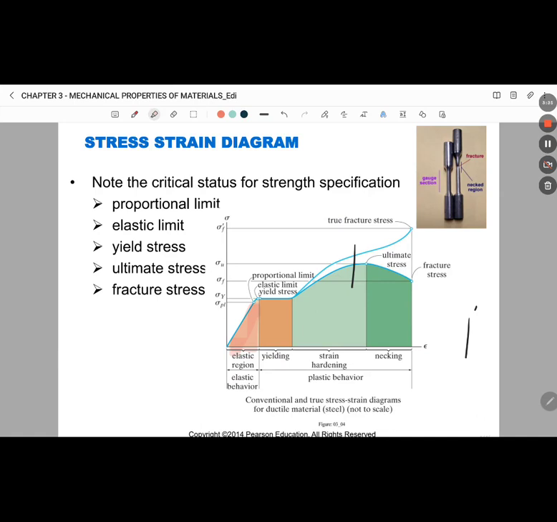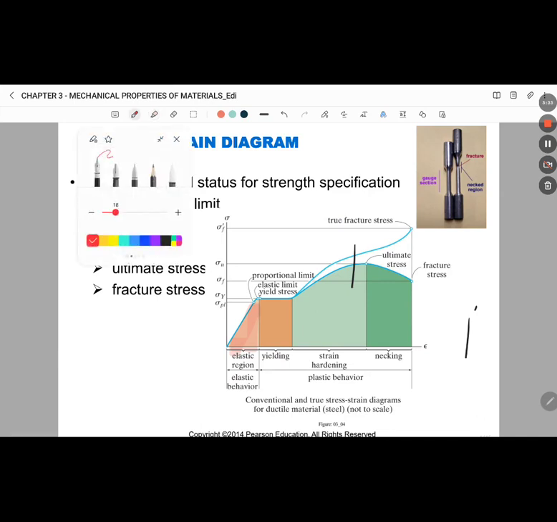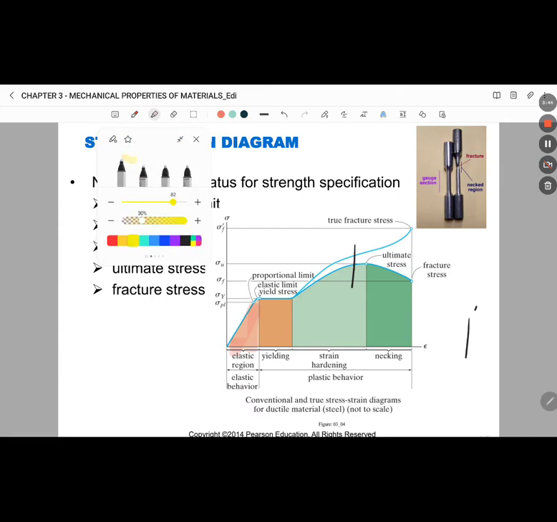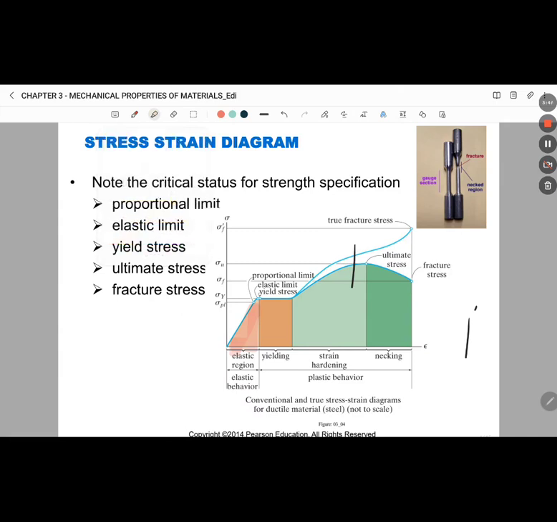The upper stress limit to this linear relationship is called the proportional limit, which is the upper limit of the linear part of the graph.